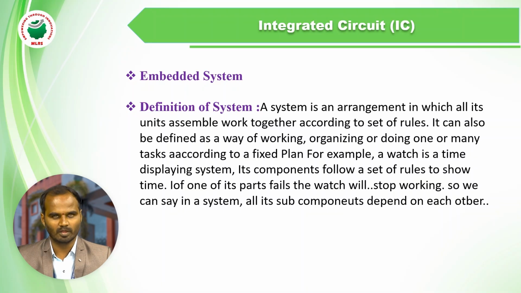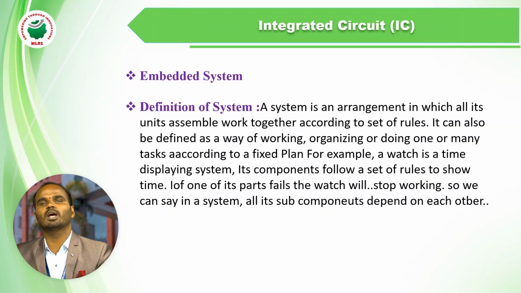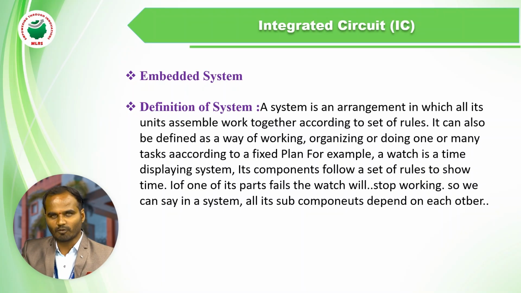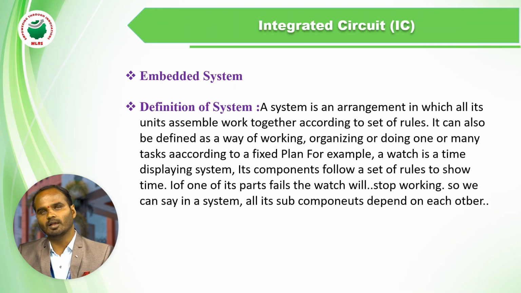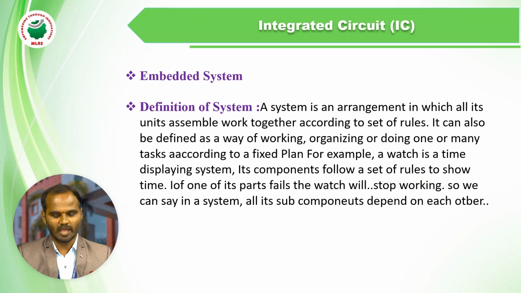The definition of a system: a system is an arrangement in which all its units assemble and work together according to a set of rules. How will the rules be given? A set of rules will be given to the units to assemble and work together. That is the definition of a system.